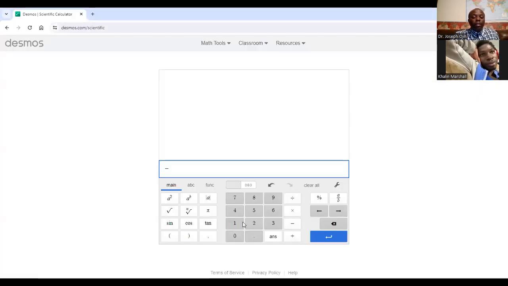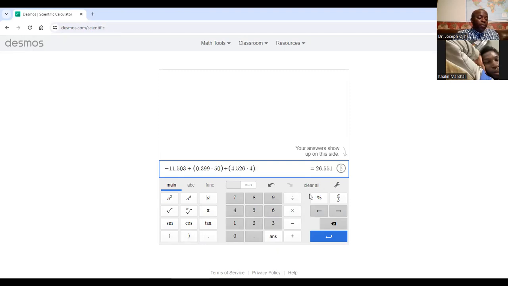Negative 11.503 plus 0.399 times 50 plus 4.526 times 4. It gives me 26.551. Let me write it down.